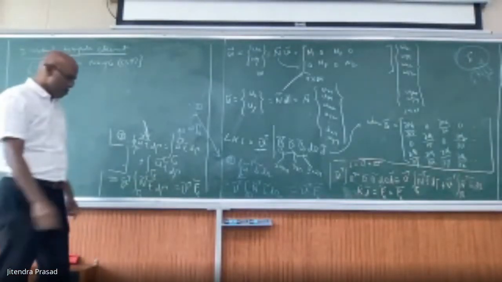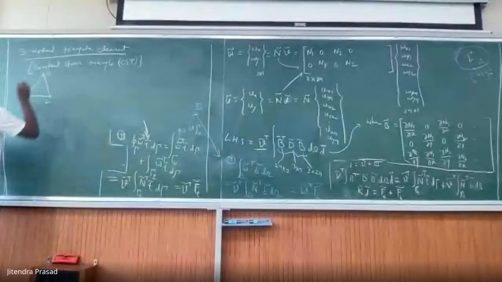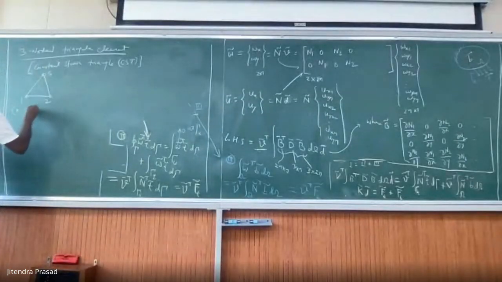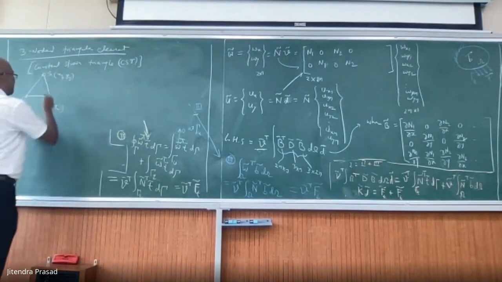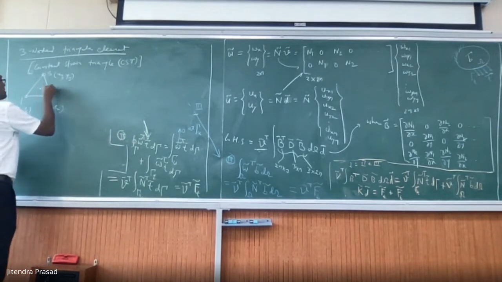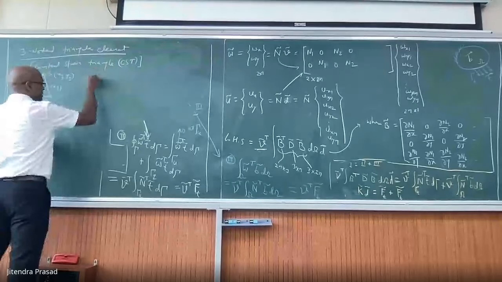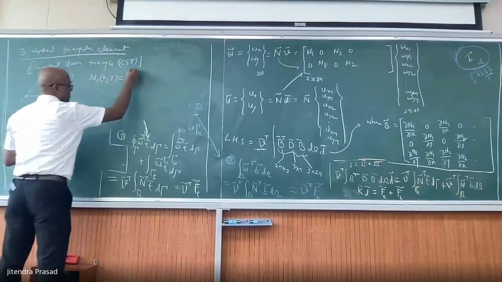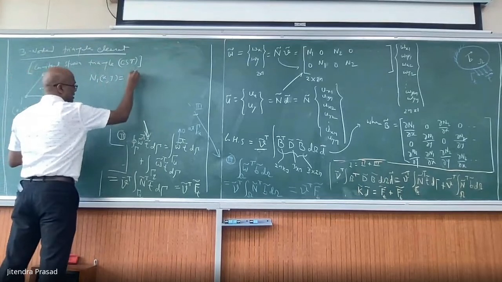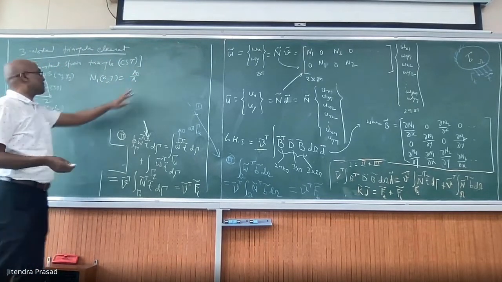But in any case, now we will repeat: nodes 1, 2, 3, with coordinates x1, y1, x2, y2, x3, y3, and you have a point here which is x, y, and hence you have everything that you remember. N applies here also. N1 of x, y is equal to A1 over A, and you know the meaning of that.